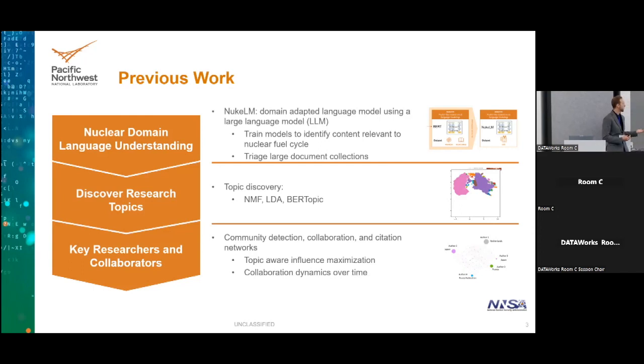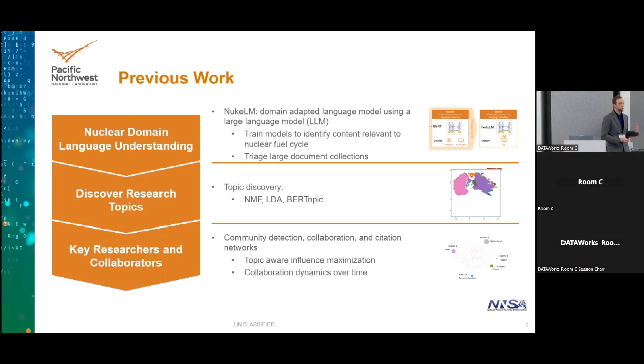But we also know that the data used to train the model has a very direct impact on its performance, on the inference, right? As the previous speaker was mentioning, as soon as you get out of distribution, you expect the performance to degrade quite a bit.